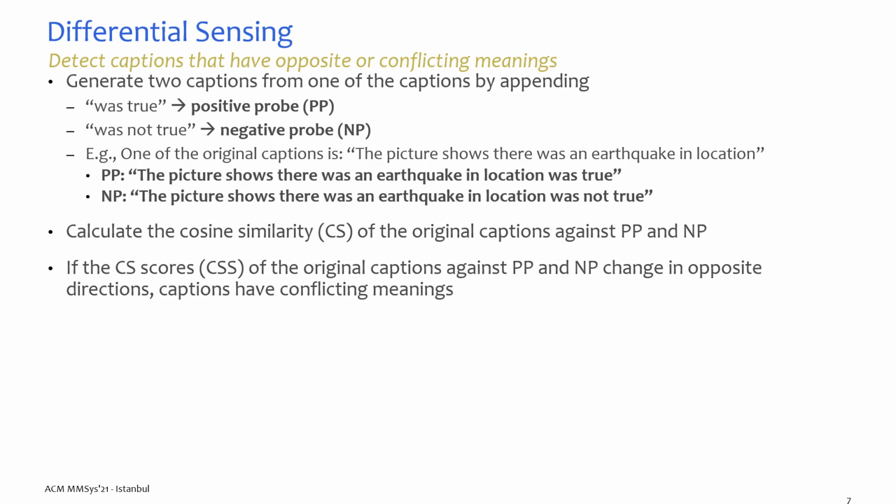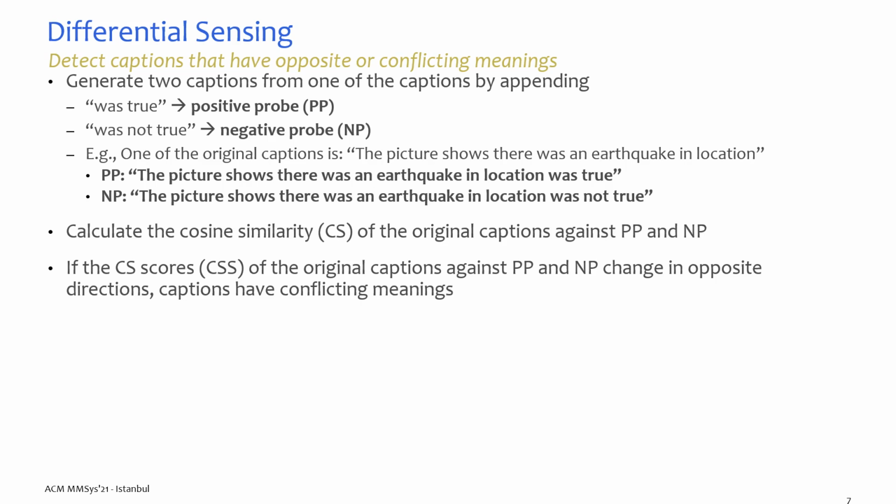That is, both captions will align better with either the positive probe or the negative probe. However, if the captions have opposite meanings, then one of the captions will align better with the positive probe, but the other one will align better with the negative probe. So switching from the positive probe to the negative probe, the similarity scores of the captions will change in different directions in this case.